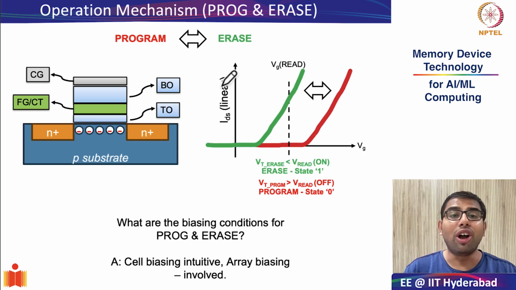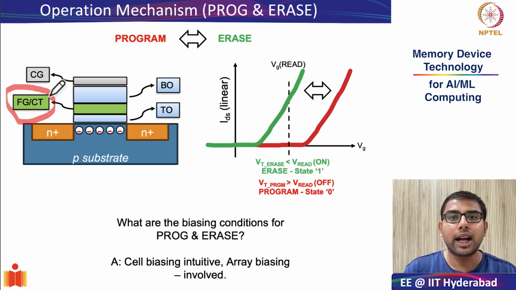Let us try to recall what we were discussing in the previous class. We saw that by making some modifications to the gate stack of an ordinary logic transistor, you can transform it into a memory device. That was facilitated by adding or engineering something called the charge storage layer.